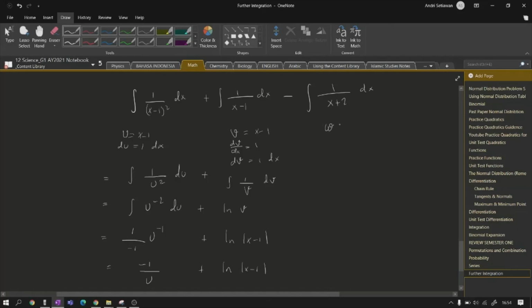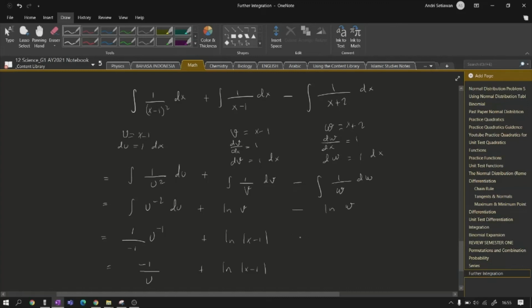Let's try w. w is x plus 2, so dw over dx is 1, so dw equals 1 dx. It is similar to the previous form, so we can directly substitute 1 over w, since x plus 2 equals w and 1 dx is dw. The integral of 1 over w is ln w.